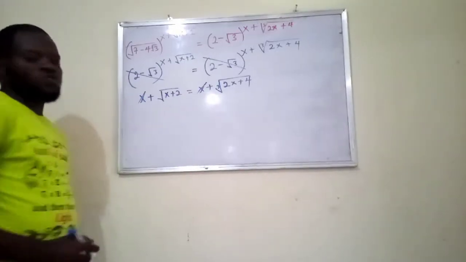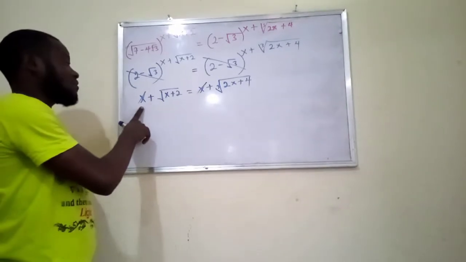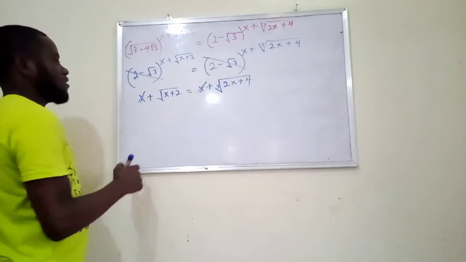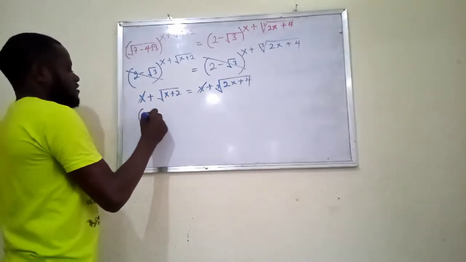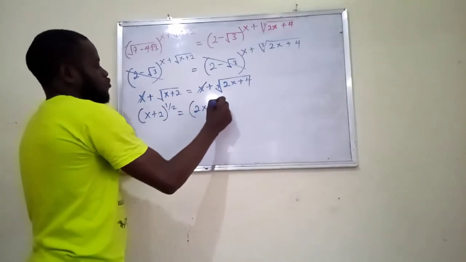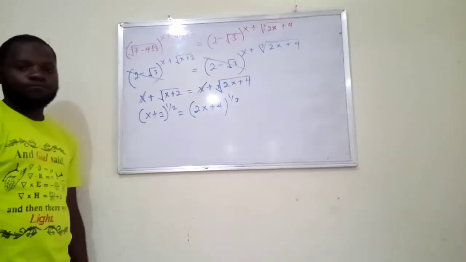This and this will naturally cancel each other, because if this crosses to the other side, it becomes minus x and they cancel each other. So I will then have (x plus 2) to the power of 1 over 2, and I will have (2x plus 4) to the power of 1 over 3.